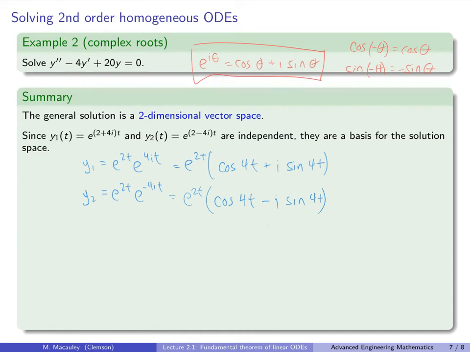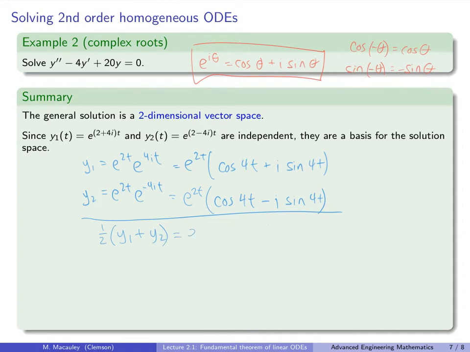Okay, so this is y1 and y2. Now what do you want to do? Well, let's add these things up. Let's take y1 plus y2, and look what happens. If we do that, the signs cancel, and we get 2 e to the 2t times cosine 4t. So let's just take 1/2 of y1 plus y2.